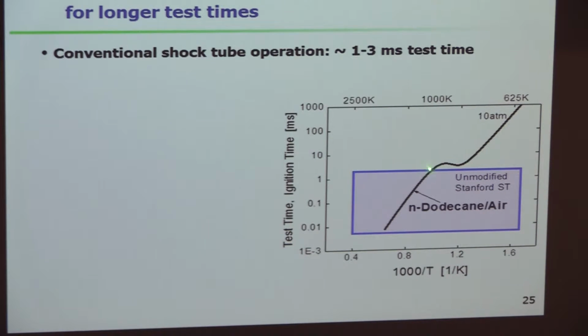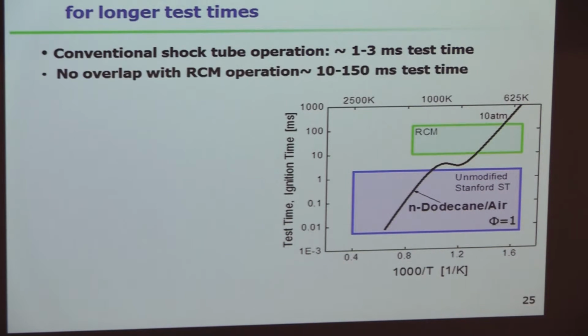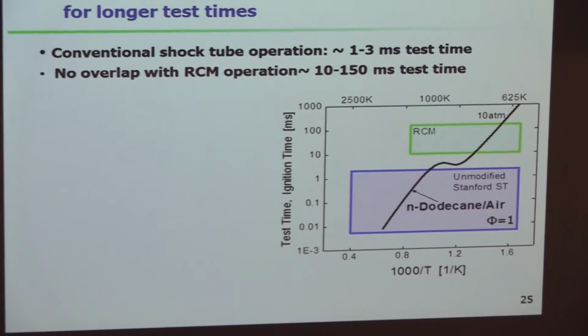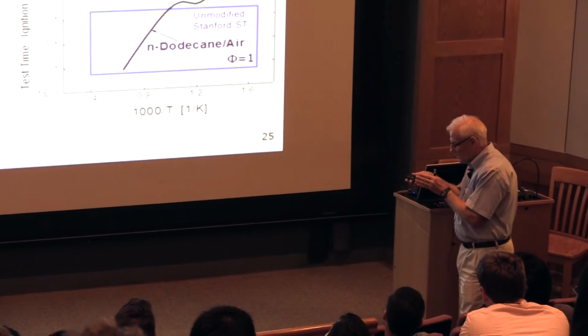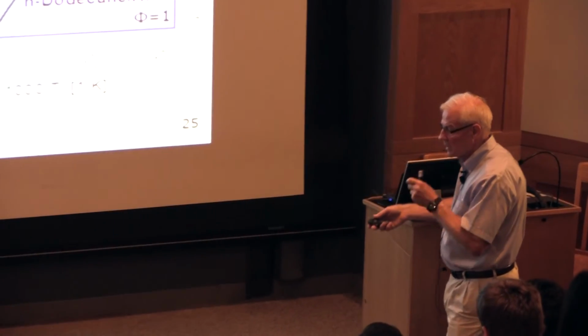So you can see we can't quite get to this region that's really interesting right now for people who are trying to design new types of engines and to model the behavior of the chemistry in those engines. This is the rough approximate region of people who use rapid compression machines. Rapid compression machines are a little bit like a piston. The piston is accelerated and tries to compress the gas in a chamber, and then the piston kind of slows down, so it's not an instantaneous heating.